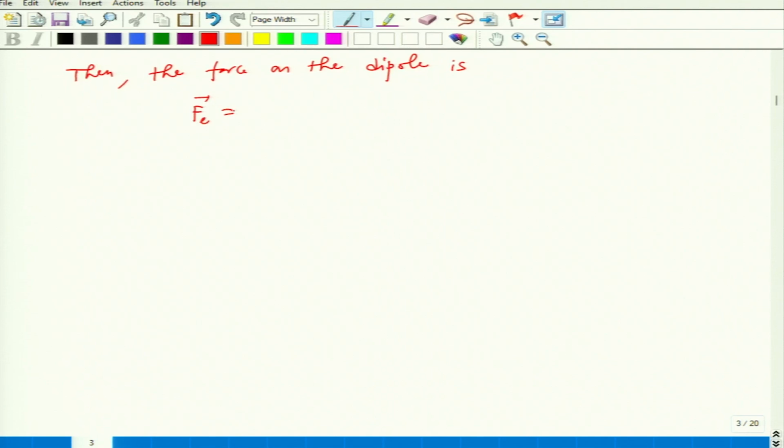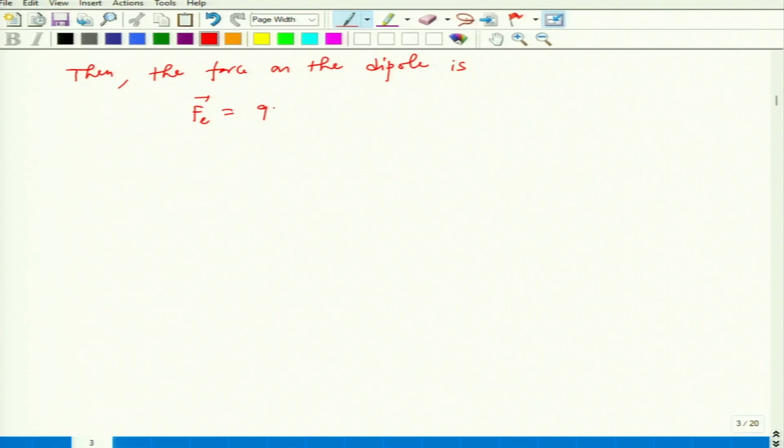From Coulomb's law, we know that the force on a charge is basically the charge times the electric field at that point. And we use the principle of superposition. So the force on the plus q charge plus the force on the minus q charge simply add algebraically. This is a vector sum.